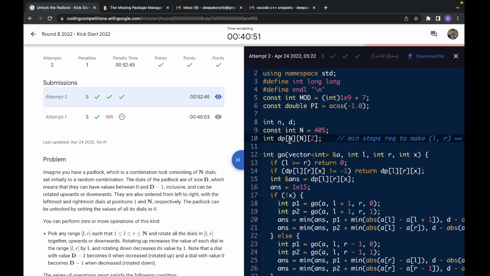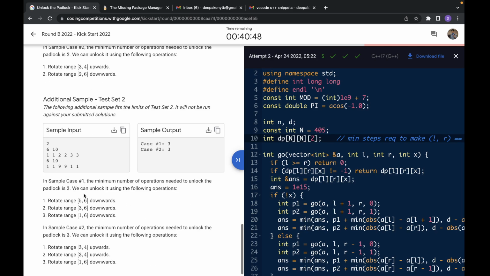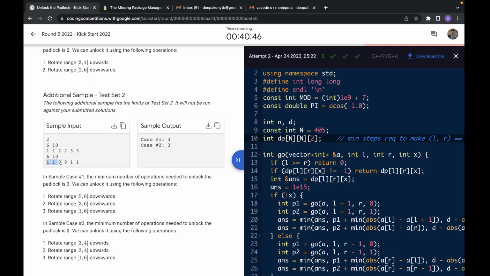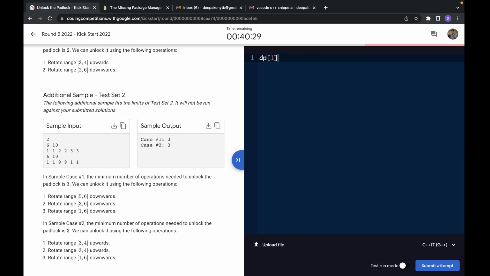Essentially, let me tell you by an example. Let's say I is 1 and J is 3. So this is the range, right? 1, 2, 3. So DP of 1, 3, 0, if I write this here, would be nothing but making these numbers equal to 1, since I'm talking about 0, right?